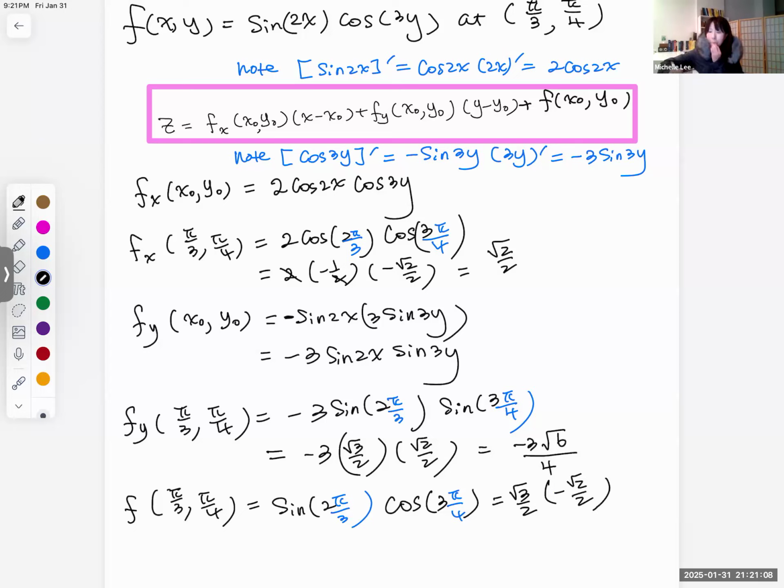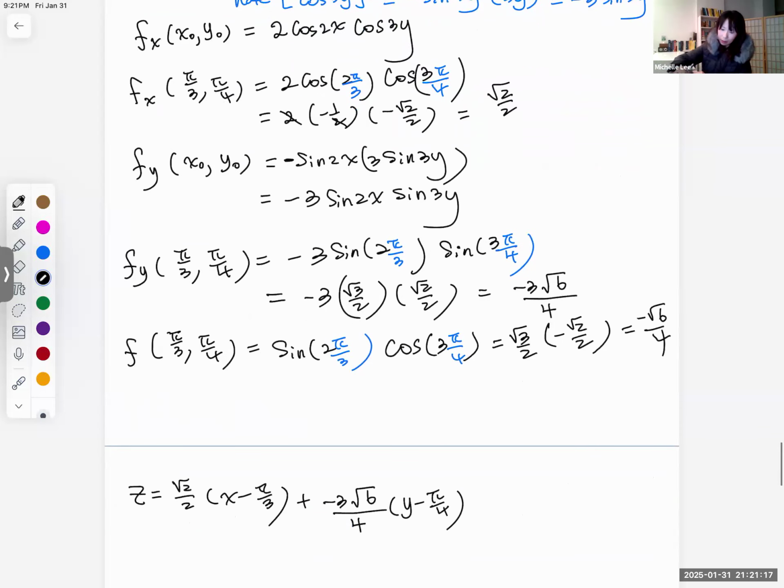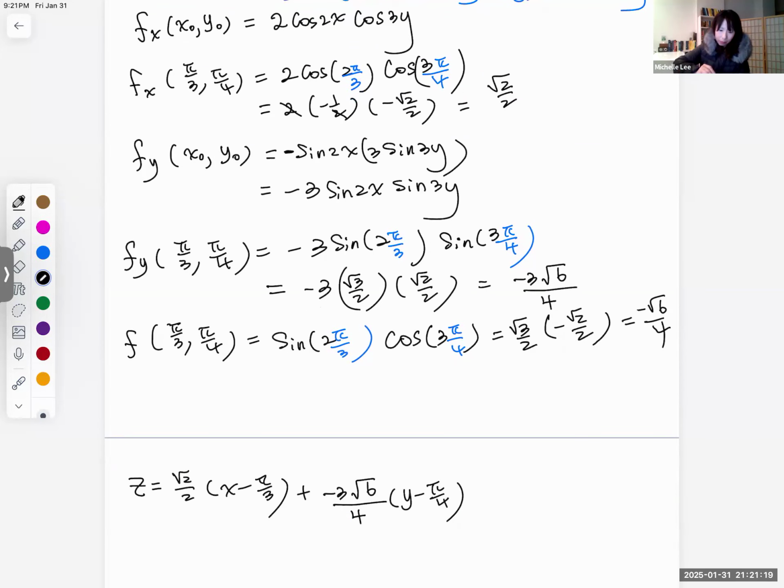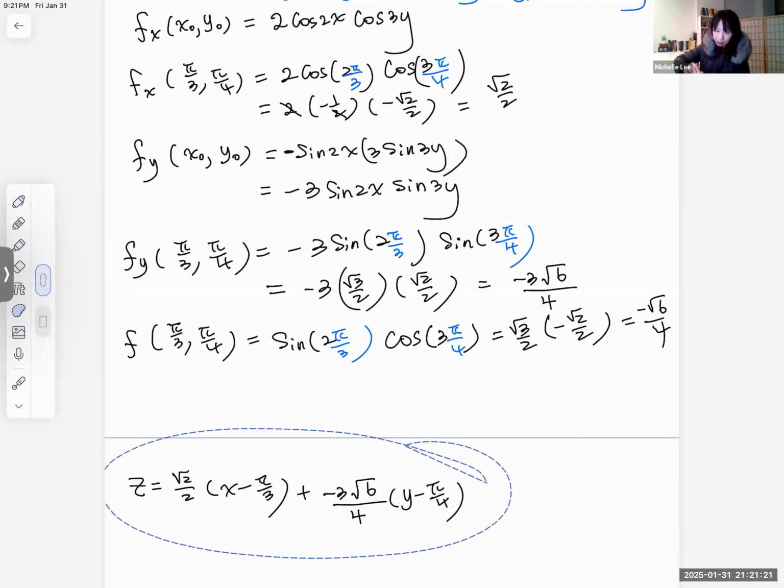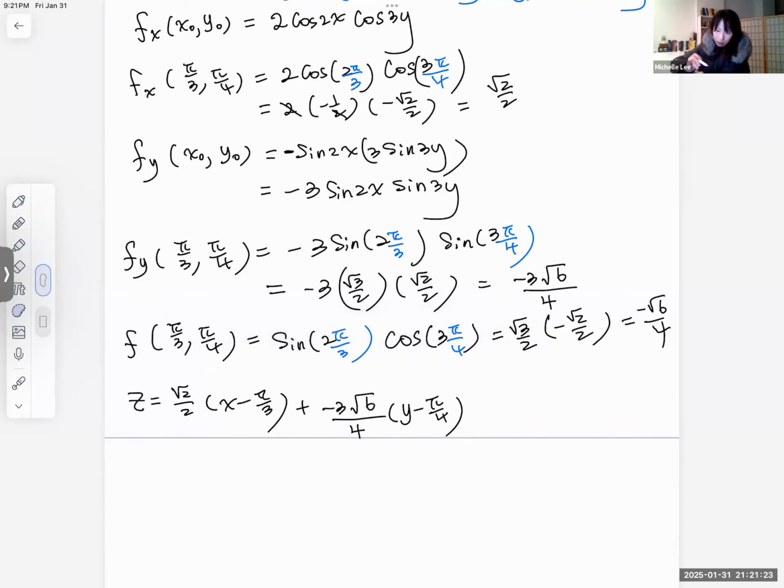Okay, then we have negative square root of 6 over 4 then. Yeah? Okay, move on here. Then we do evaluate the function negative square root of 6 over 4, right?